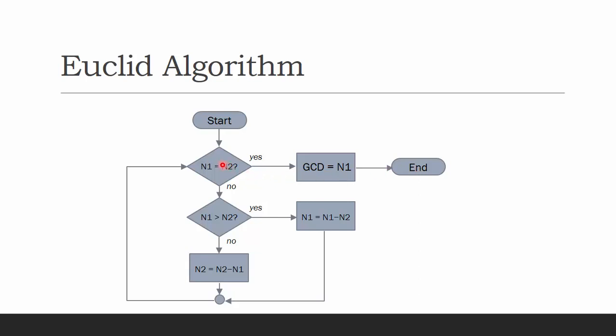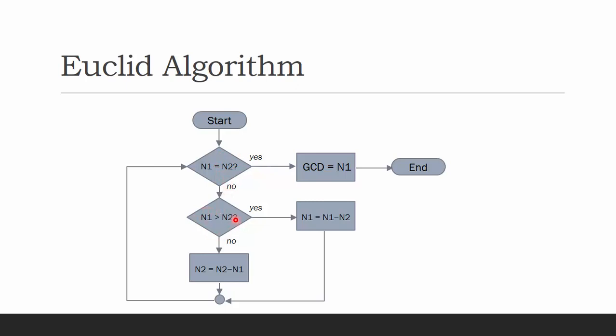But if the two numbers N1 and N2 are not the same, we check if N1 is larger than N2. If yes, then we subtract N2 from N1. Then we go back to the decision of whether or not the two numbers are the same.